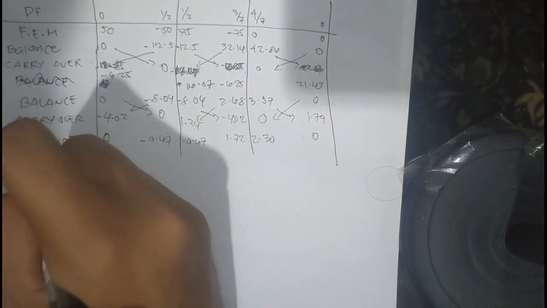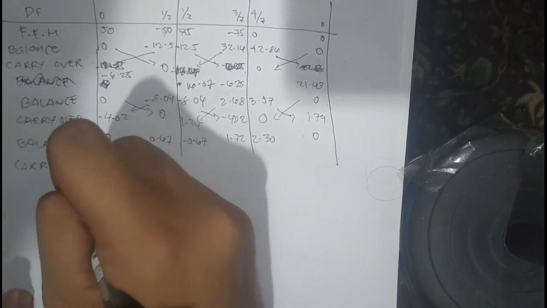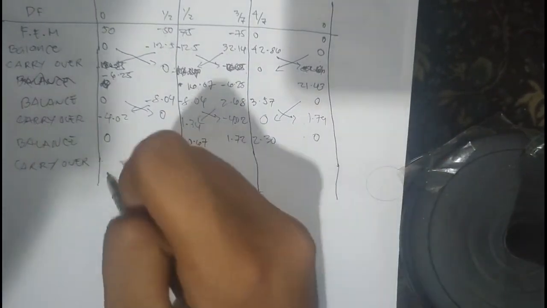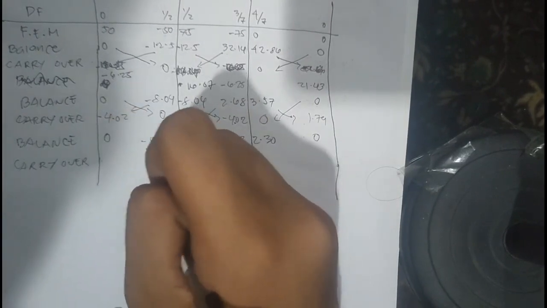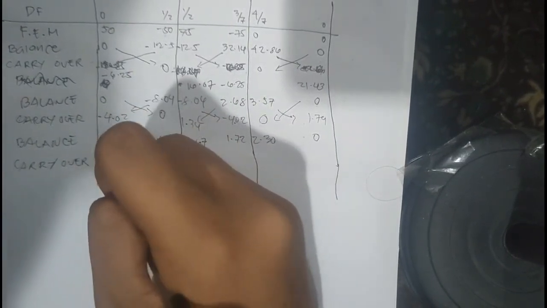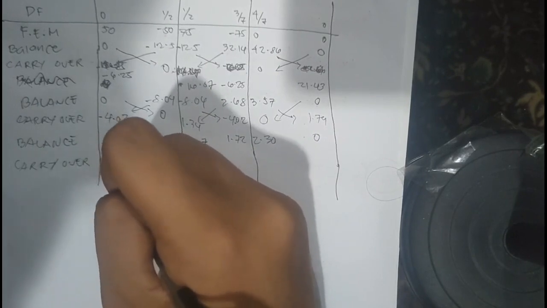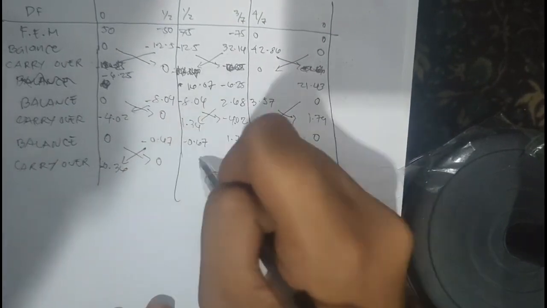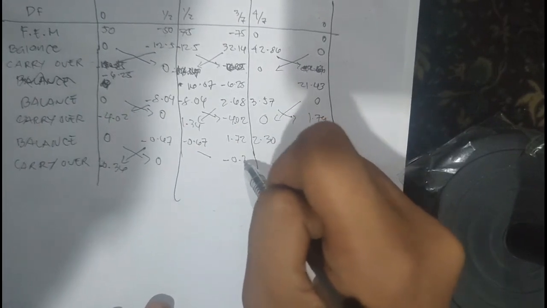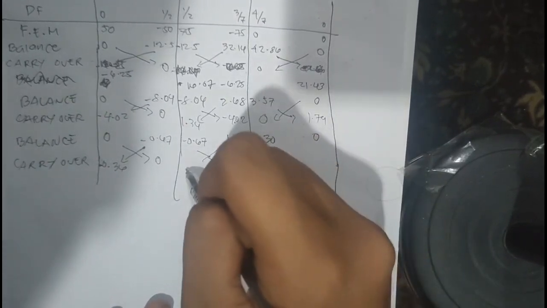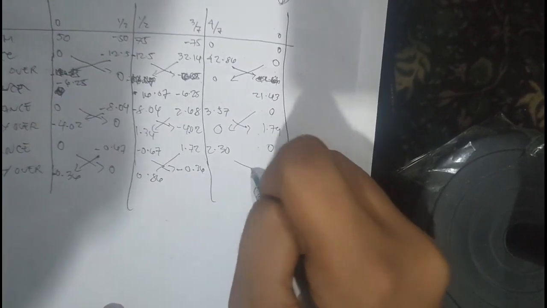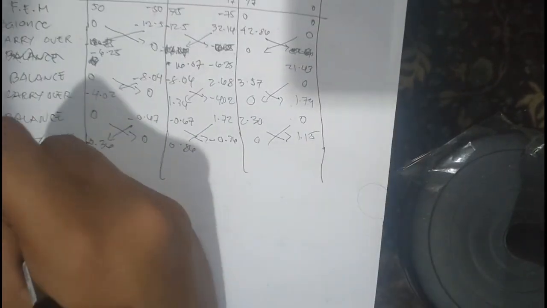So carry over na punta. Half niya is 0.36, 0, negative 0.36, 0.86, 1.15 and 0. So, balance na po.